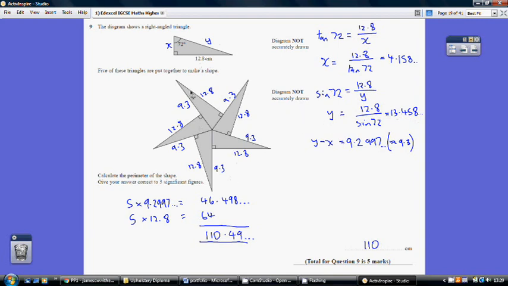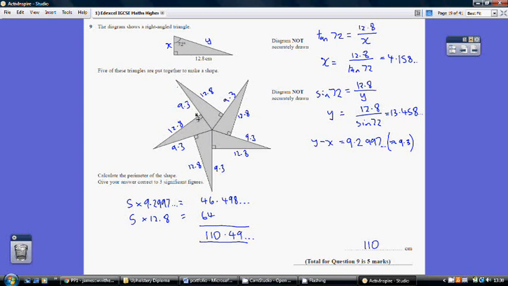Now when we look at this diagram, we can see that our sides comprise two lengths. First, the longer of the two shorter sides, 12.8, crops up a lot: here, here, here, here and here. But then we've also got this length here, which is the length of the hypotenuse take away the length of the shorter side. Let me go over that again.